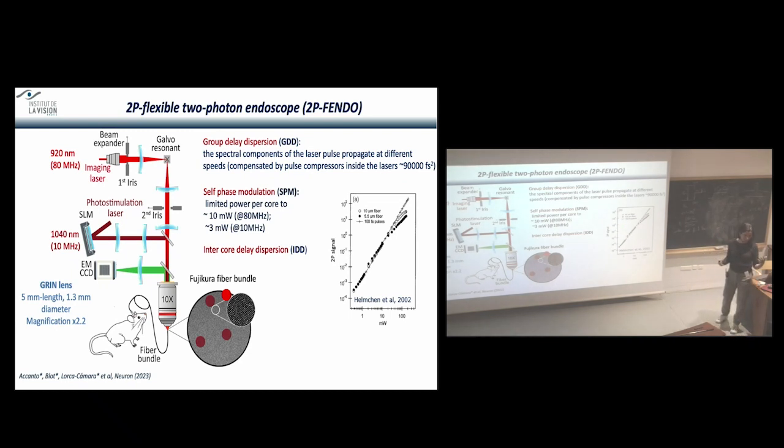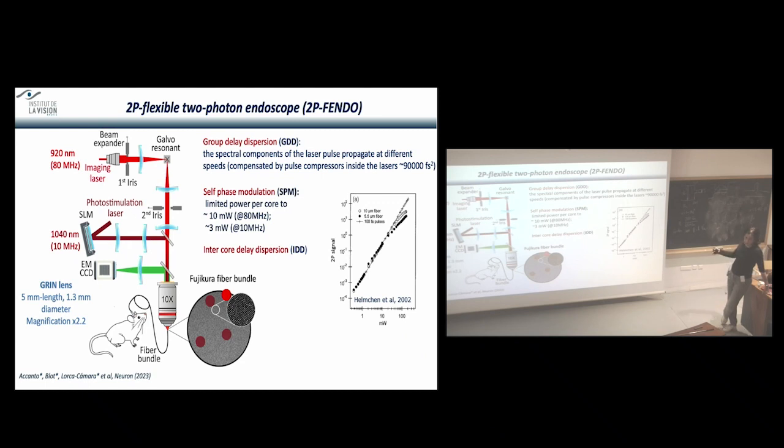This was a problem a few years ago, but now most of the lasers that you can buy have an internal compressor, which is able to perfectly compensate for this group delay dispersion. So we can have a nice pulse coming out, fine. But there is another, more important problem, which is self-phase modulation. It is another nonlinear property of the fiber, which becomes important at a certain power.